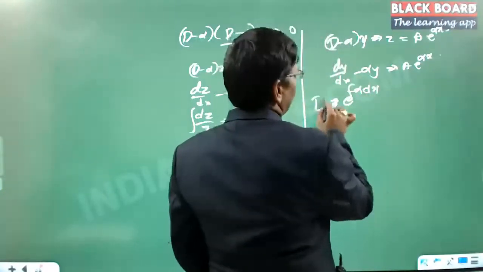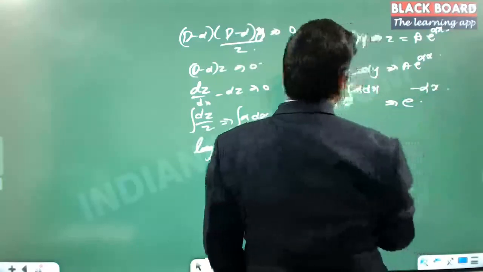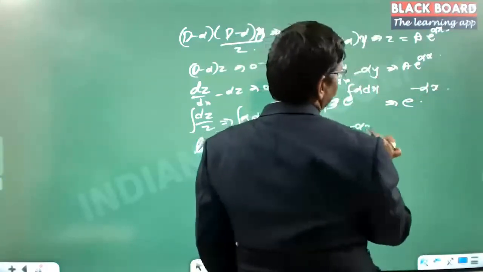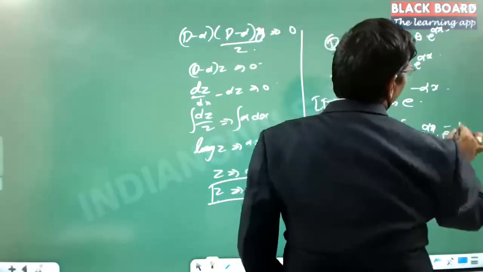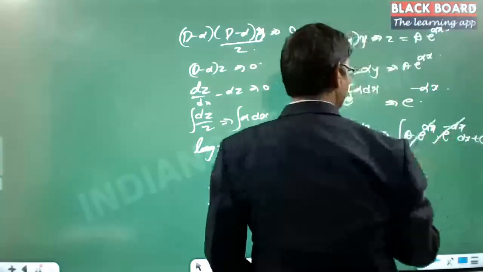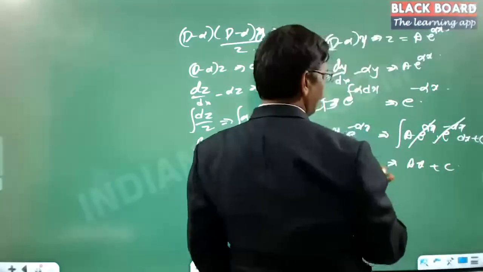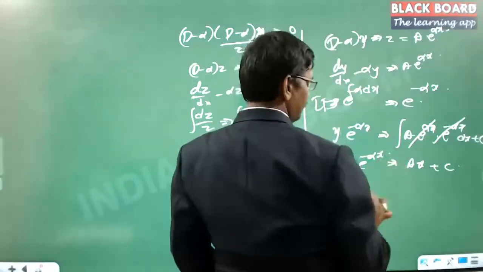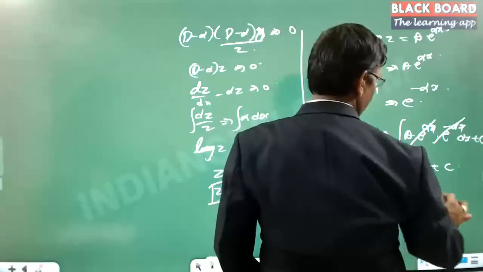So this is the integrating factor, e power minus alpha x. So y into e power minus alpha x is equal to a into e power alpha x into integrating factor into dx plus c. So these two will cancel. So this is ax plus c is y into e power minus alpha x, or y is equal to ax plus c e power alpha x.